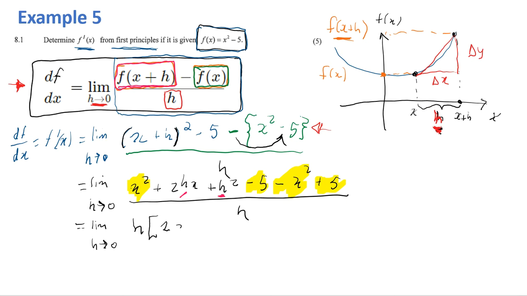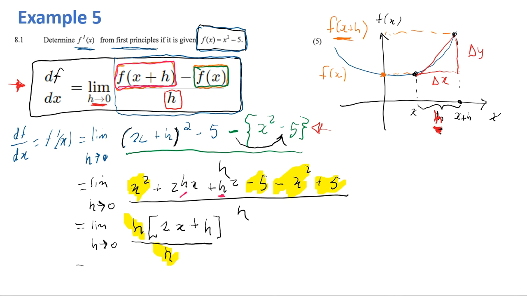We get 2x plus h, sorry, my bad. And divided by h. Okay. Can these two cancel out?